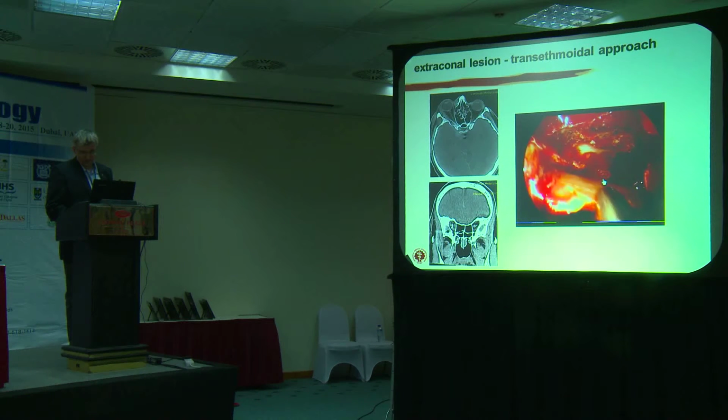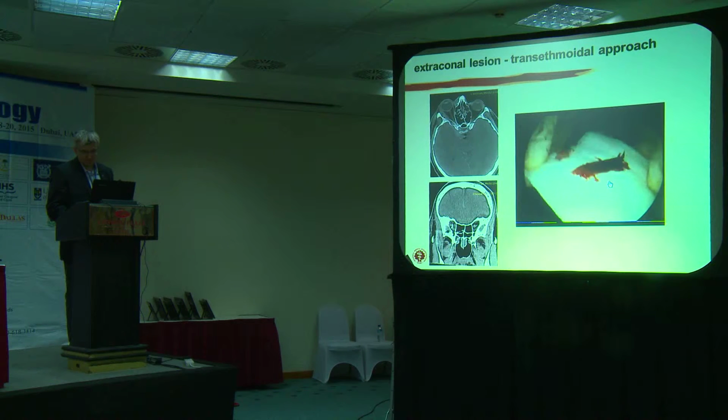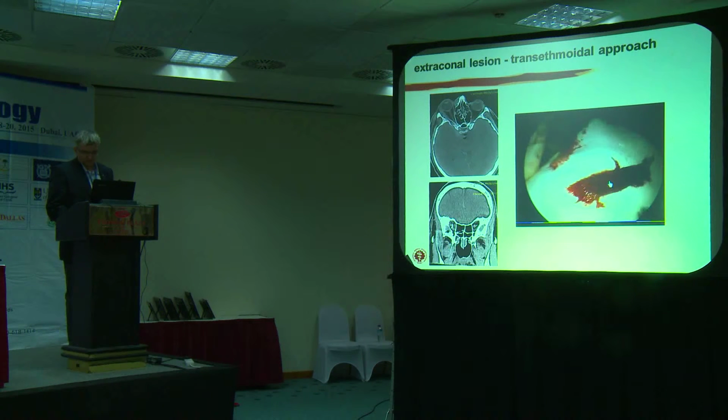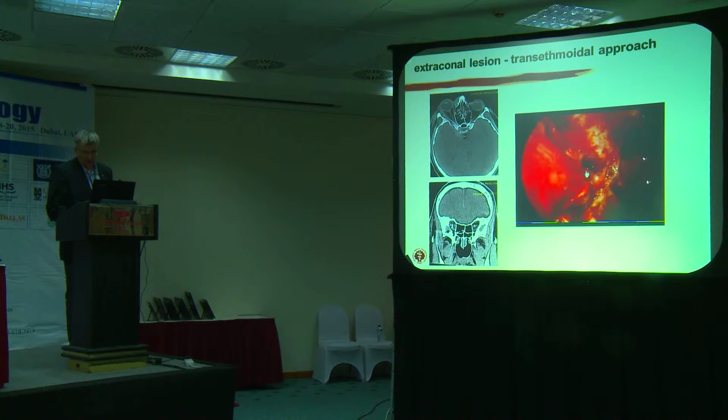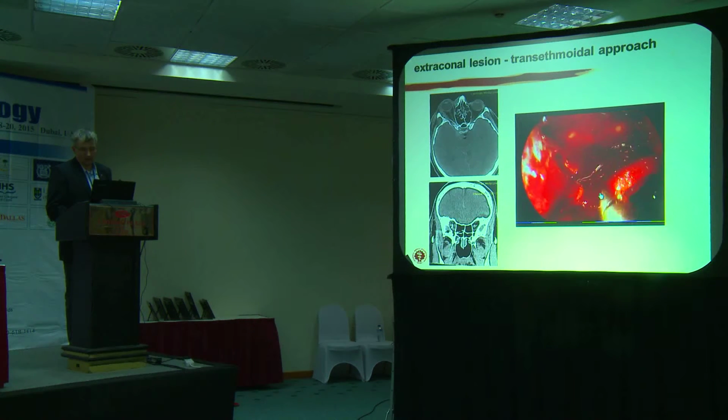After removal of the splinter, it's quite a big splinter actually, we can see the optic nerve here, the optic nerve at the tip of the orbital apex.